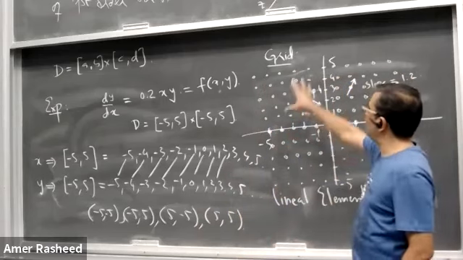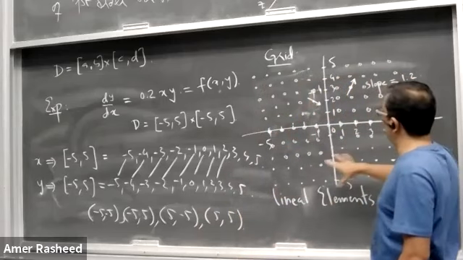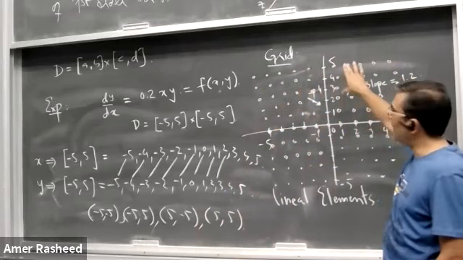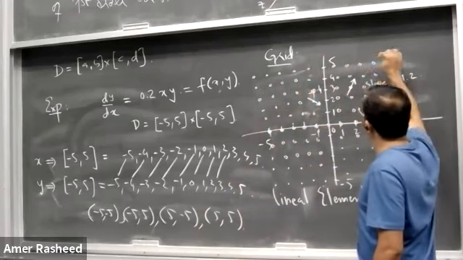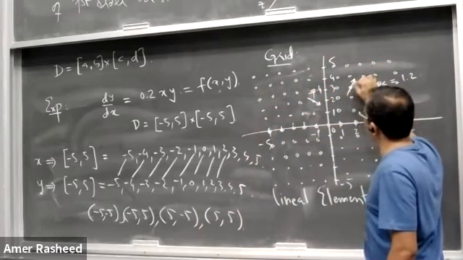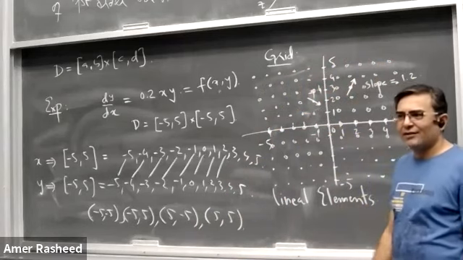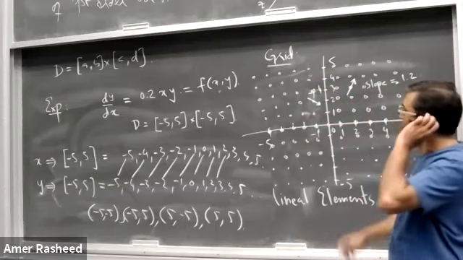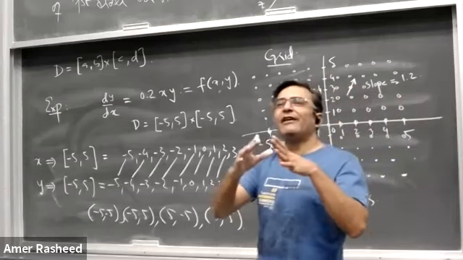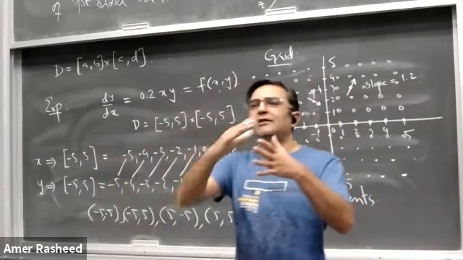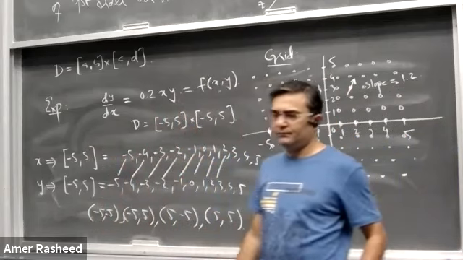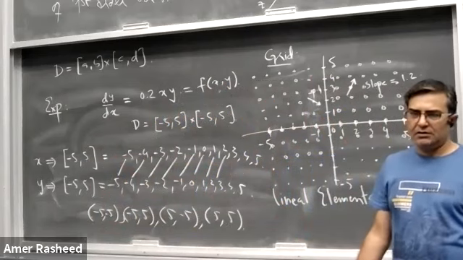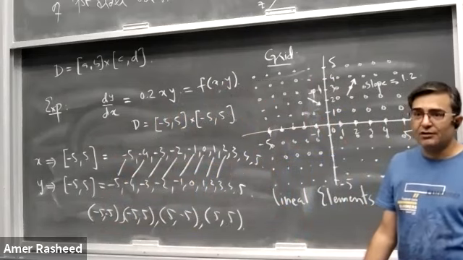That's the easiest possibility of dividing a domain into points. When you divide the domain into points, you obtain the grid, the domain grid. Now at each point of the grid, you can compute a Lionel element. Those Lionel elements will show you the pattern of the curves, the pattern of the family of solutions of the given differential equation.